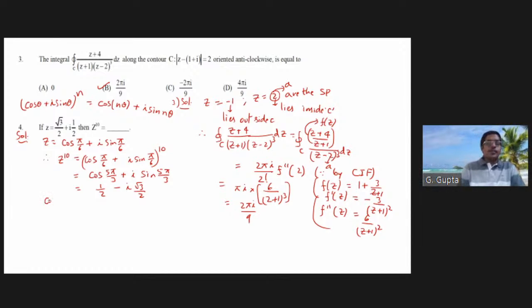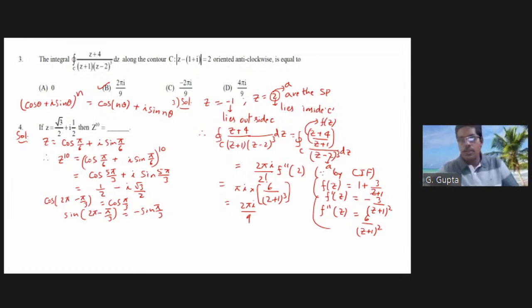Cos 2 pi minus pi by 3 is nothing but cos pi by 3. Sin 2 pi minus pi by 3, where 2 pi minus pi by 3 simplifies to 5 pi by 3, is minus sin pi by 3. Pi by 3 means 60 degrees. Sin 60 is root 3 by 2, cos 60 is 1 by 2. So the value is half minus I times root 3 by 2.